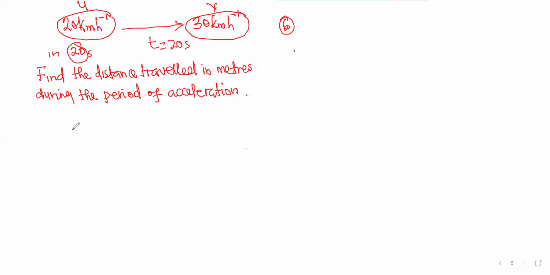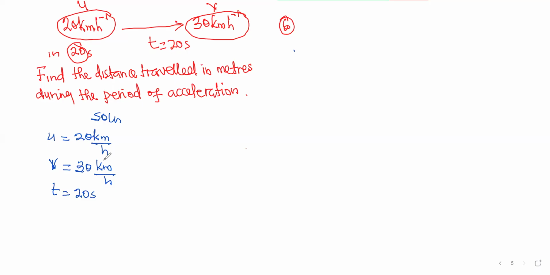So look, the initial velocity is in kilometer per hour. U is 20 kilometer per hour. V is also 30 kilometer per hour, all happening within a time interval of 20 seconds.